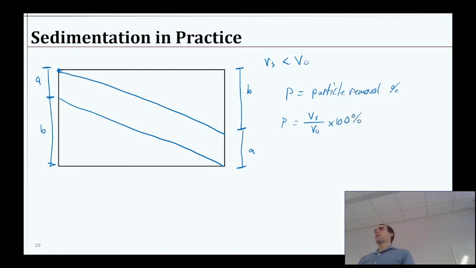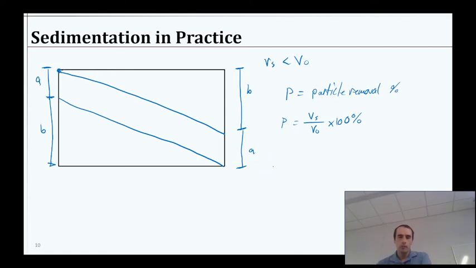We can do that because nothing in the system changes except how fast it's going down, and how fast it's going down correlates directly to the distance that it went down or didn't, which will become that proportion. So P is Vs divided by V naught times 100%.